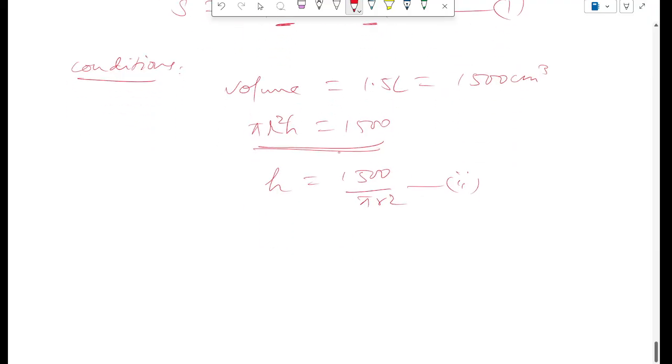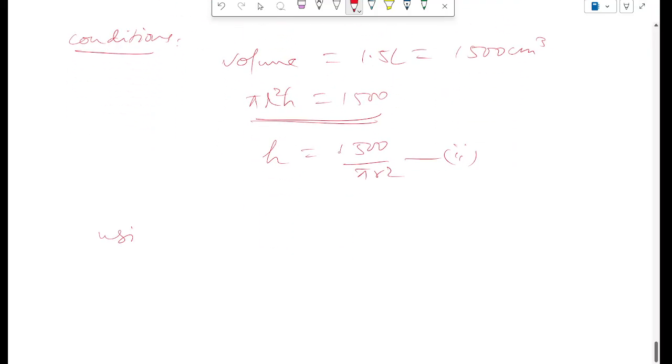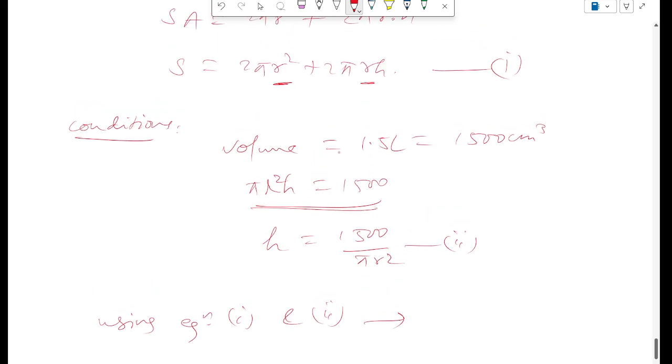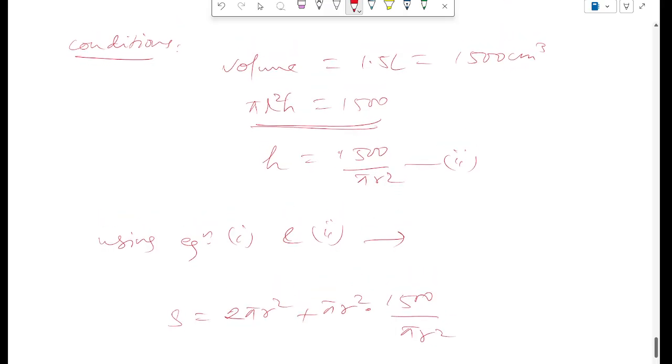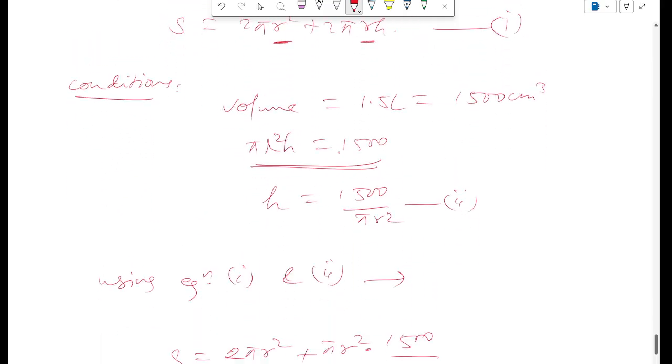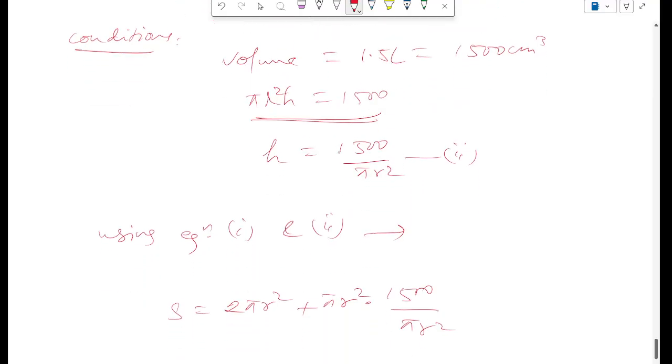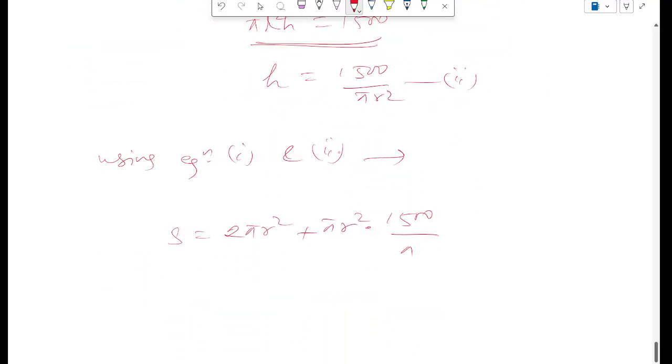So using equation 1 and 2, we can write S equals 2 pi r square plus 2 pi r into h. Sorry, I wrote it wrongly earlier.